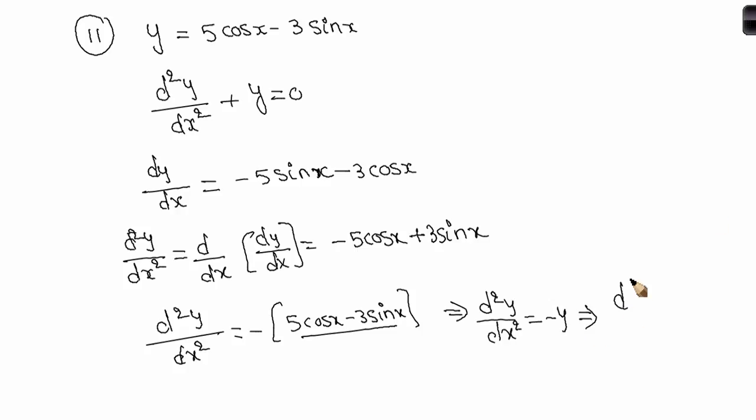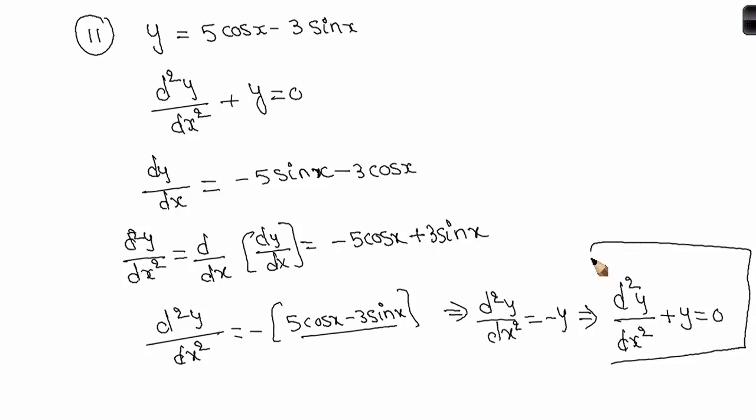Therefore d square y upon dx square plus y is equal to 0. Hence proved. Simple, right? Find the first derivative, then do the derivative a second time, so that we get d square y by dx square. That is same as minus y, so hence d square y by dx square plus y should be equal to 0.